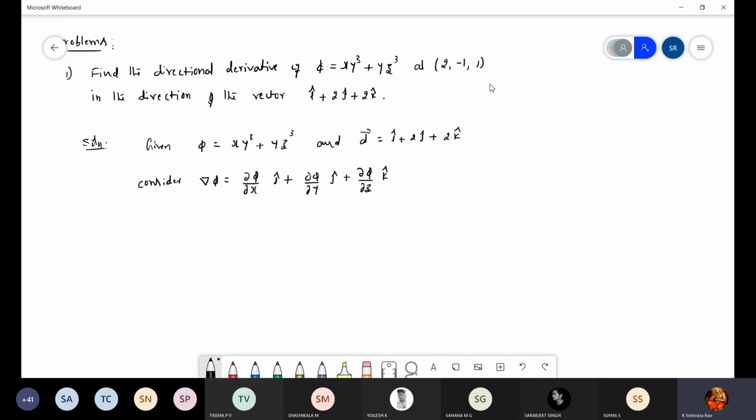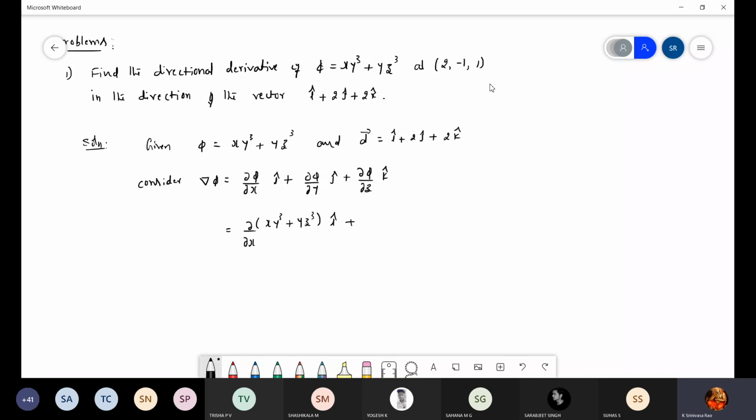Okay, so directly also you can differentiate, otherwise you can substitute phi. Phi is xy cube plus yz cube. If phi is a very big equation, no need to substitute, you can differentiate.